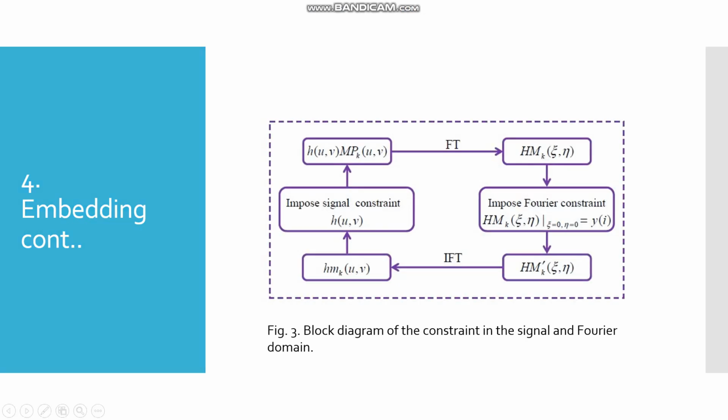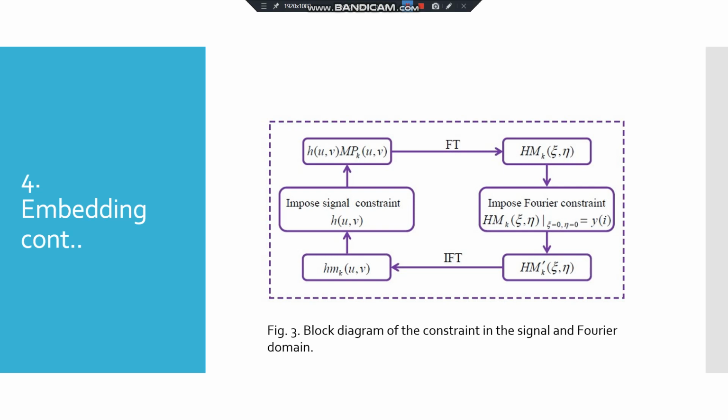So what happens in the block diagram is that the host image and the modulated wave pattern are Fourier transformed to impose Fourier constraints, and as a result, we get H m dash k, which is basically an image, and it goes for the inverse Fourier transform to get the particular value.